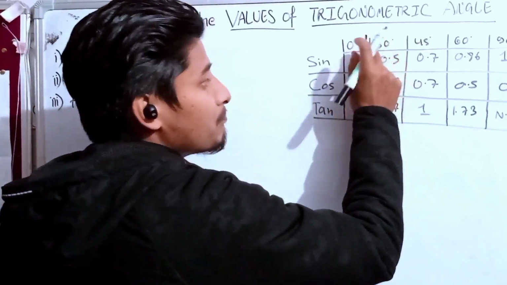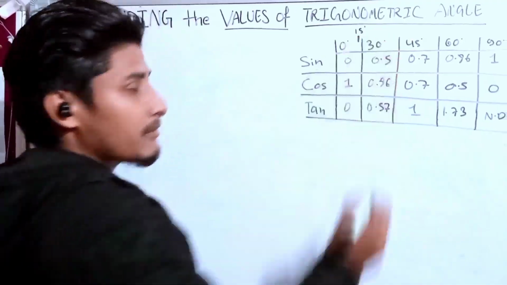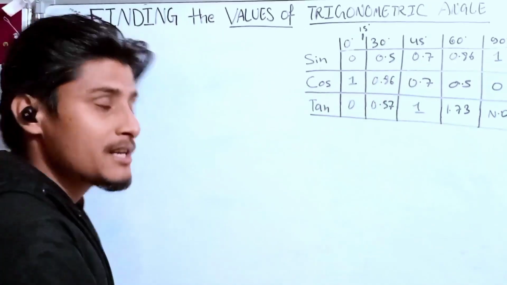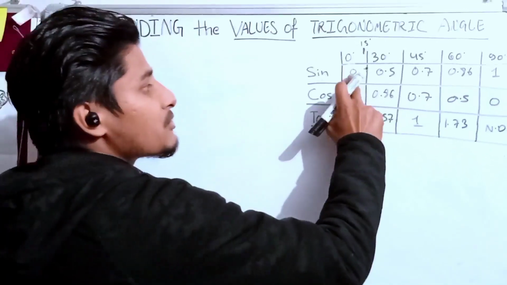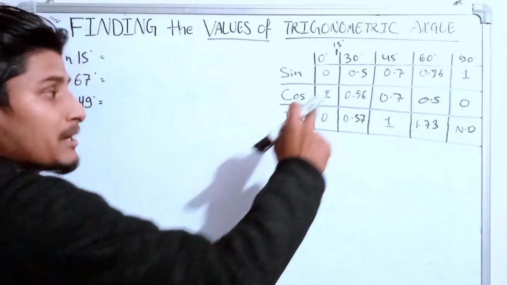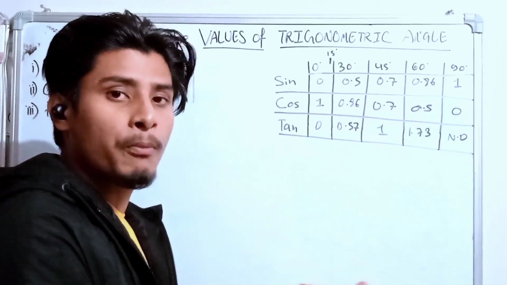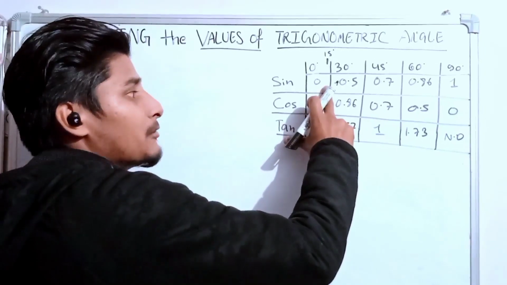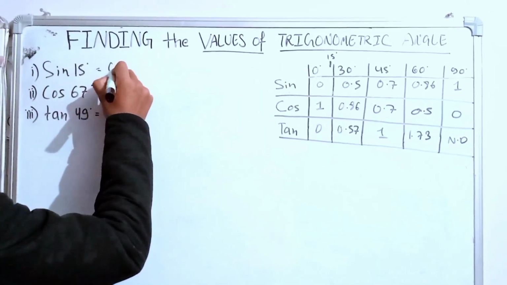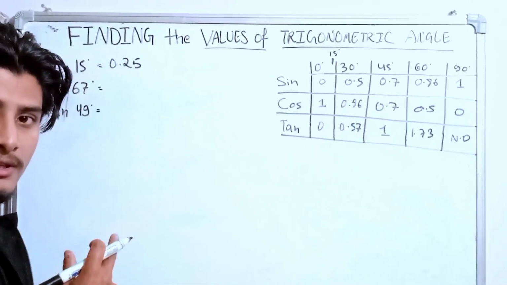It is at the midpoint between 0 and 30. So now what is the mid value between 0 and 0.5? The mid value is 0.25. So my value at 15 degree will be 0.25. Okay, you understood this, right?